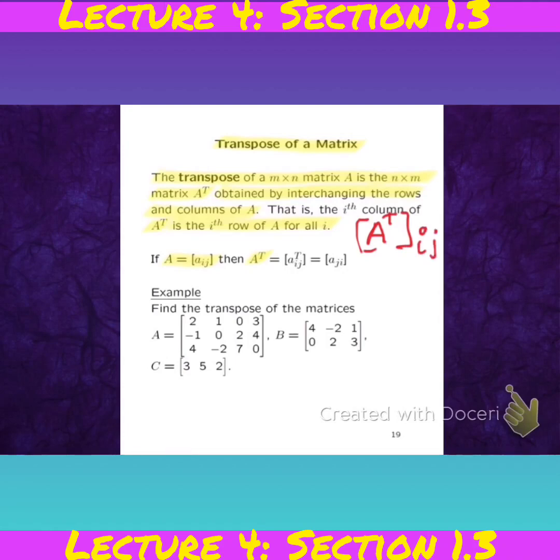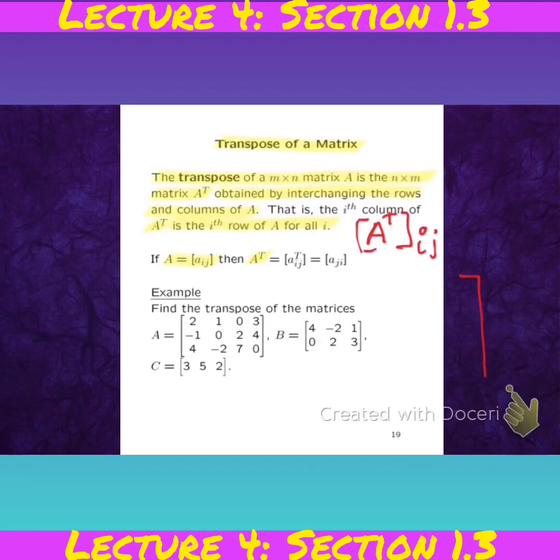Now, if we look at the definition of A's transpose, what is the entry of A that gets sent under the transpose to the entry in the ith row and the jth column? So what entry is at play here in the matrix A?